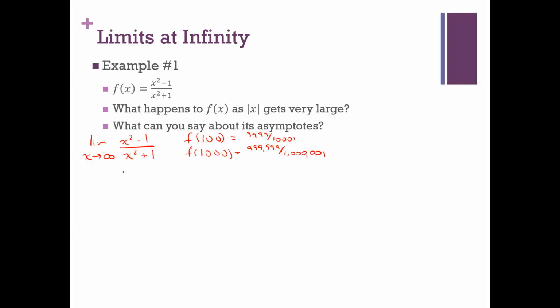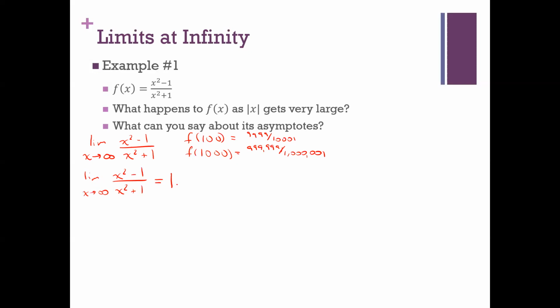So a couple of different ways we're looking at this, and just like everything else we've done, I'll give you more sophisticated methods later, but the limit as x goes to infinity for this function is 1. Another way that I like to think about these is this. Look at the numerator first.